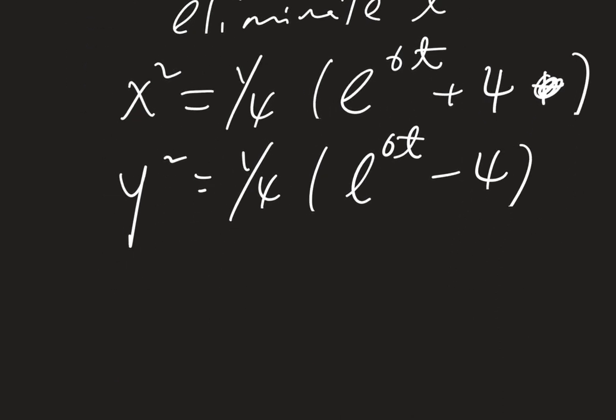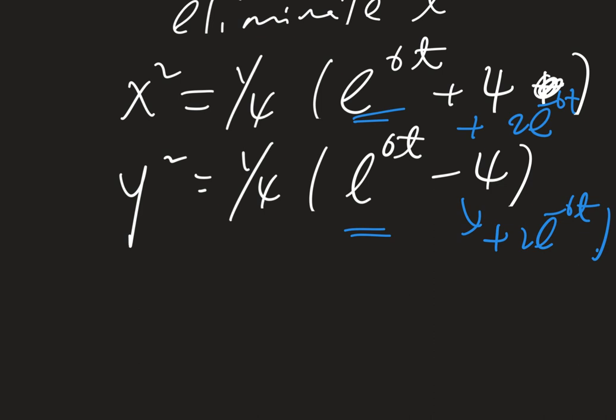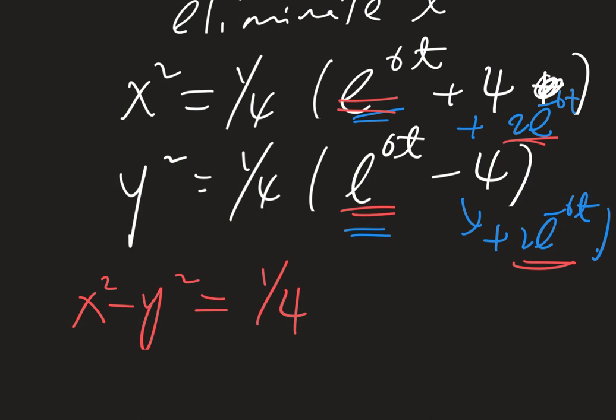So look at this, we have the common e^(6t) here. What do we have if we add it together? Oh, we still have another term, plus 2e^(-6t), and this is plus 2e^(-6t). So e^(6t) and e^(-6t) are the common terms, so we can just cancel off each other.